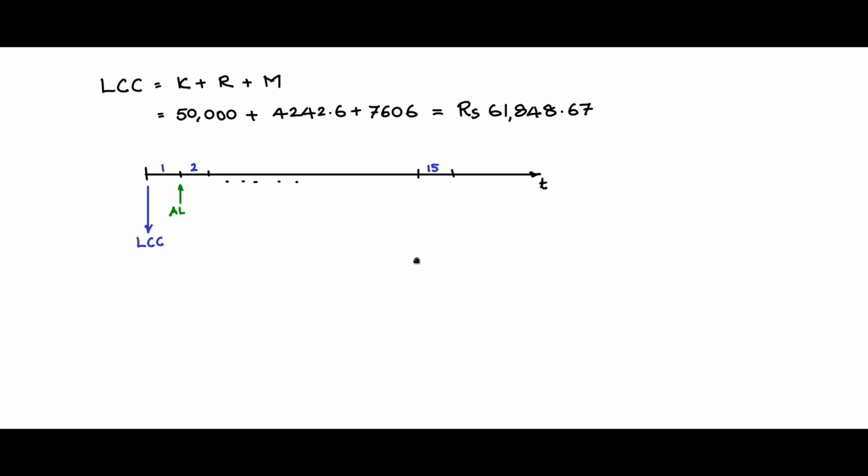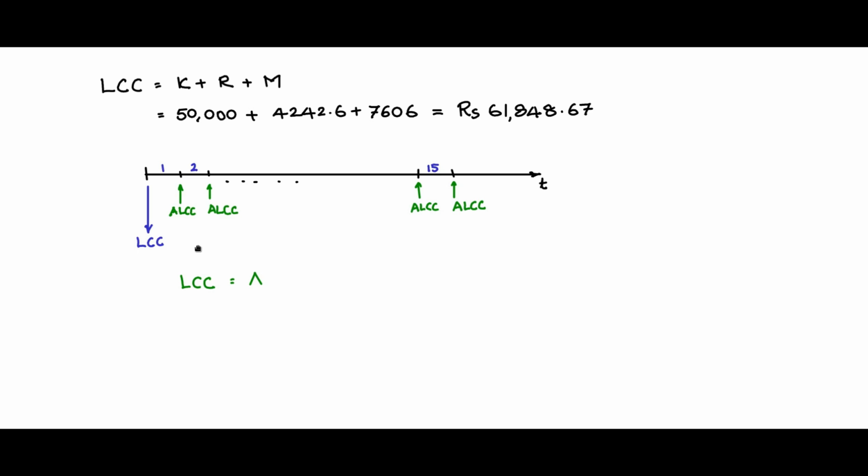So we would like to have ALCC, annual LCC value, which is at the end of every year. Something like equivalent annual payments for this particular system in operation. So this we know how to do.